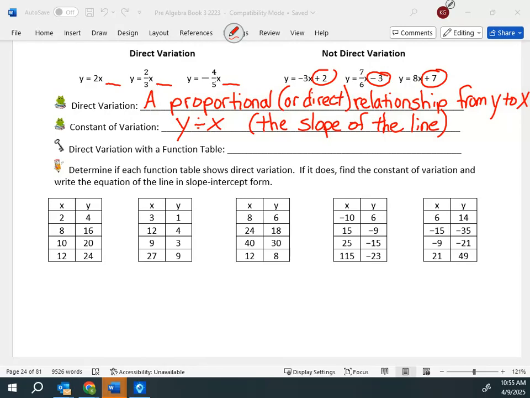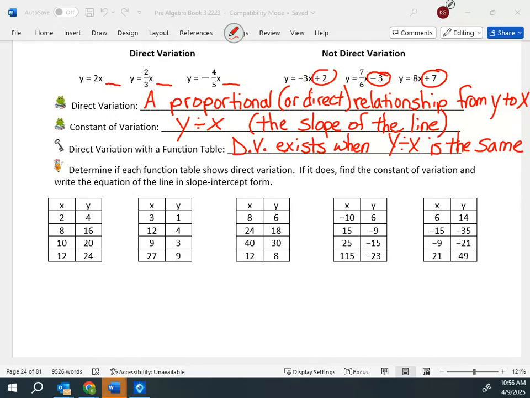Direct variation with a function table means that the direct variation exists when y divided by x is the same. So it is a direct variation when it has the same slope, y over x.